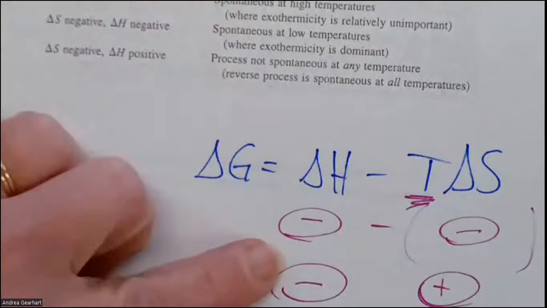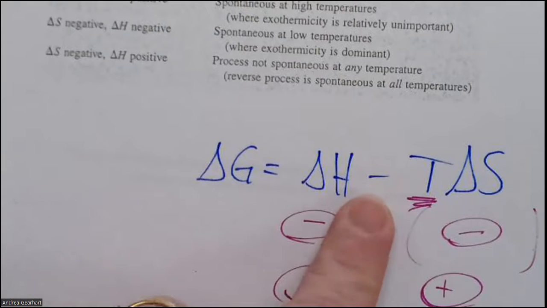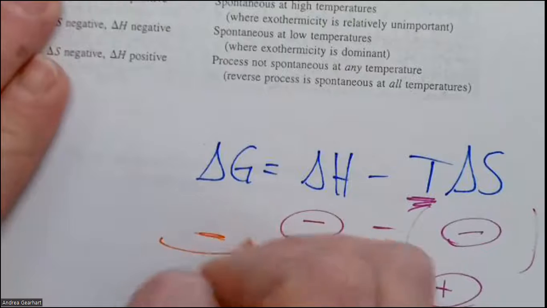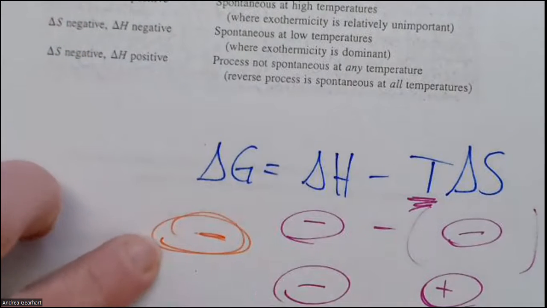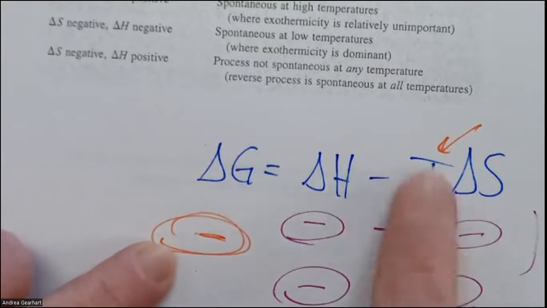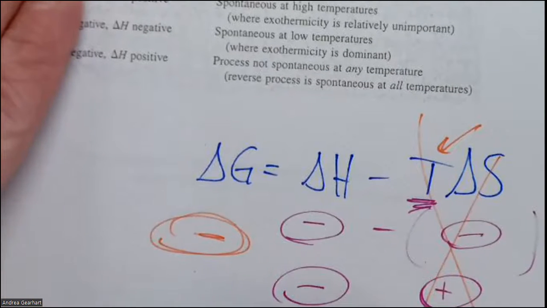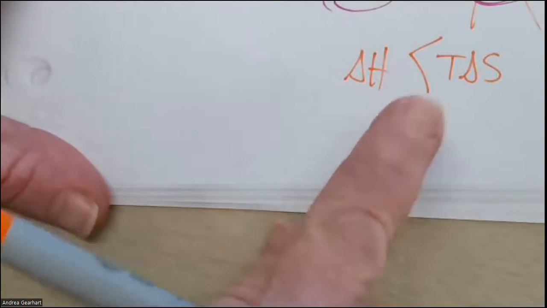Okay, so when both terms are not in the thermodynamically favorable direction, temperature can make a difference. If we want a negative delta G, then we want to run this at a low temperature, so that hopefully this term will not be greater than that one.